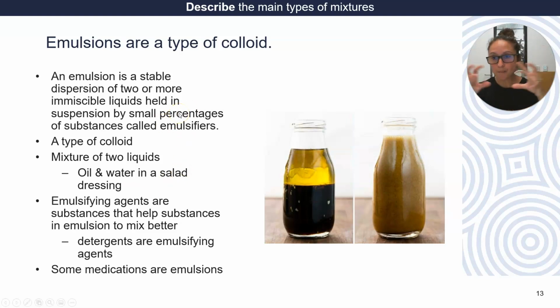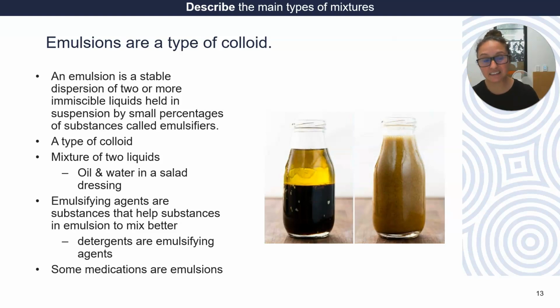So up until now we looked at solute going into solvent. And it's always the same. For the 3 types of mixtures, you've got a solute going into a solvent.